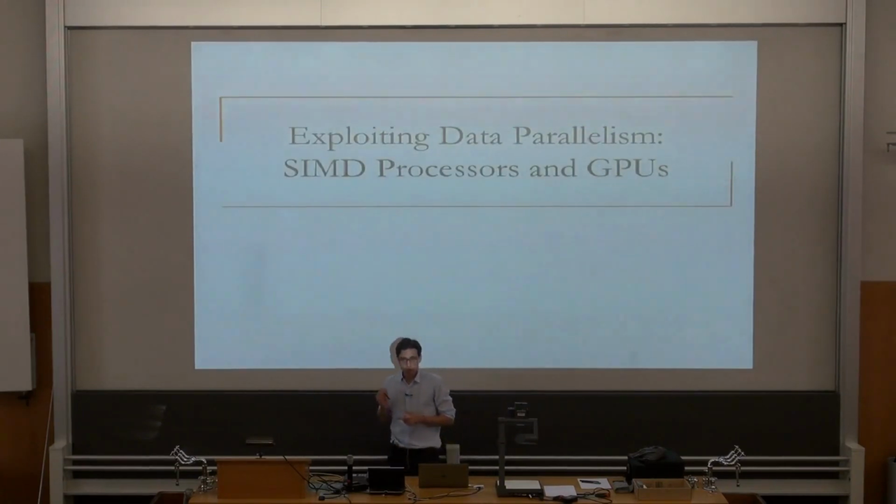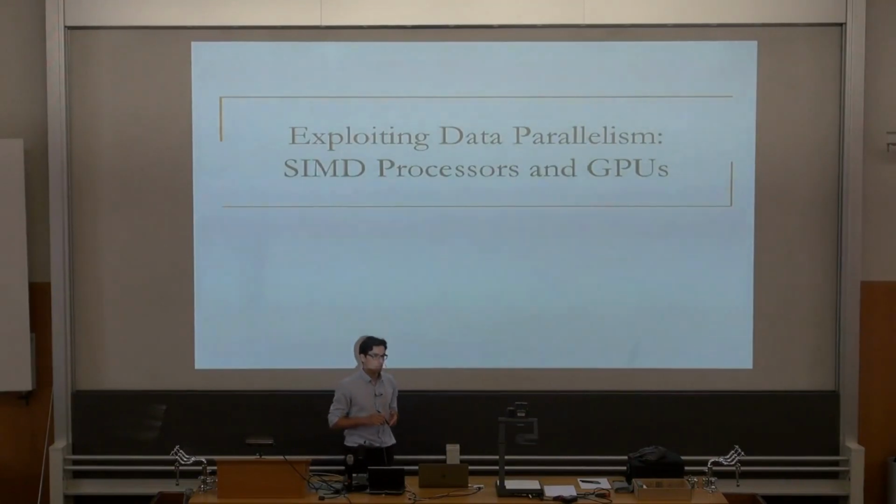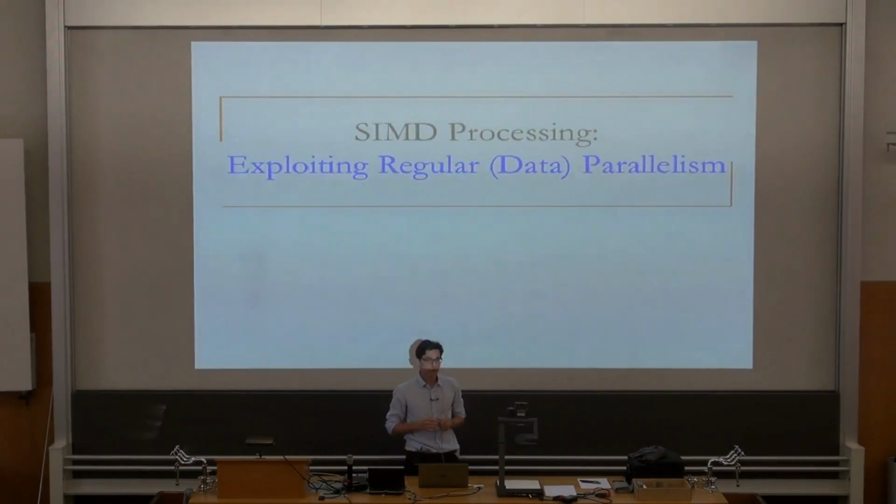So both SIMD processors and GPUs take advantage of, or exploit, data parallelism. We are going to see over this lecture that they are very good at exploiting regular data parallelism.